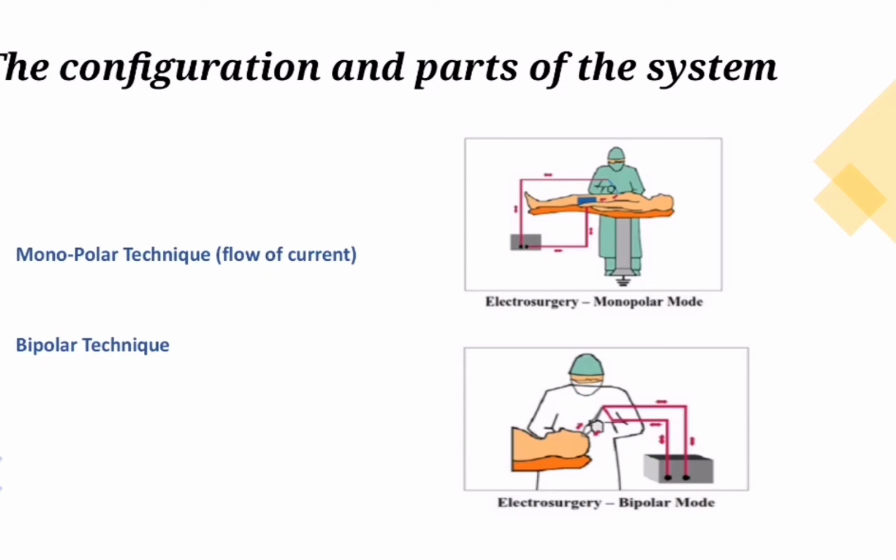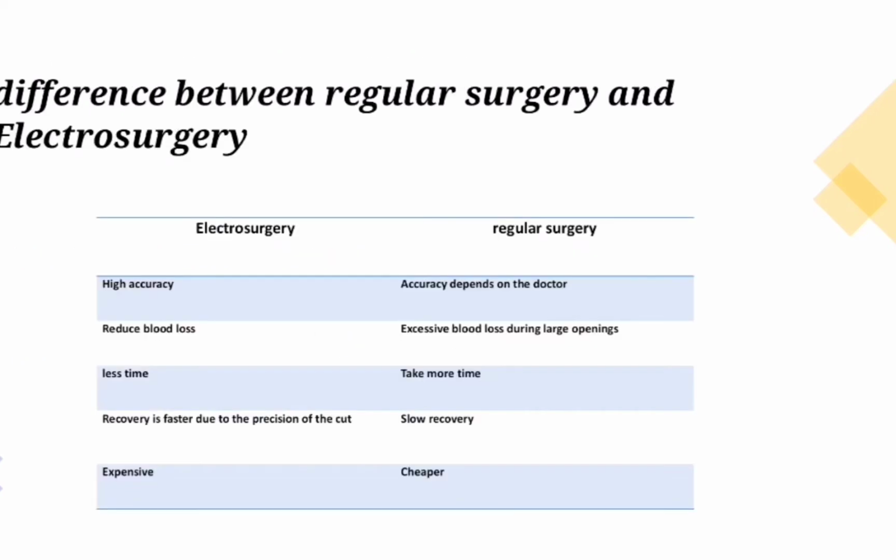In monopolar electrosurgery, the current is transferred from the active electrode tip to a plate under or around the patient. On the other hand, in bipolar, the current is transferred from one side to another side without the need for a plate under the patient. Moving to the next slide.